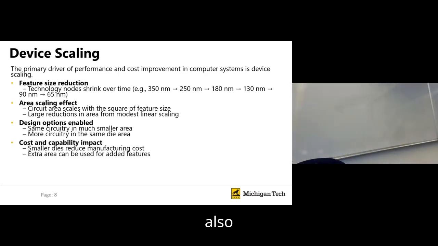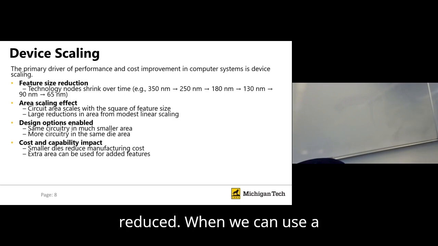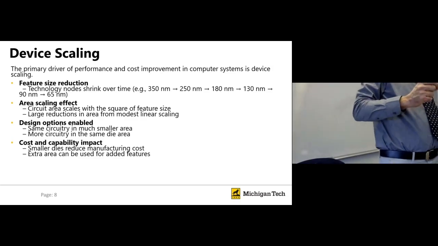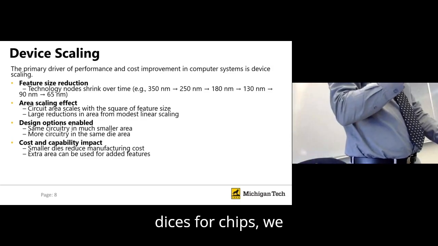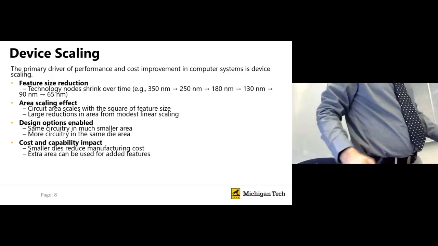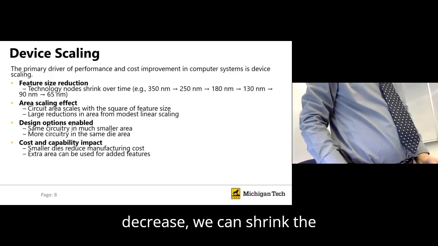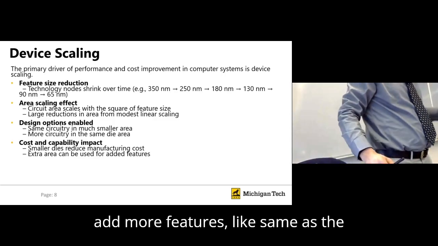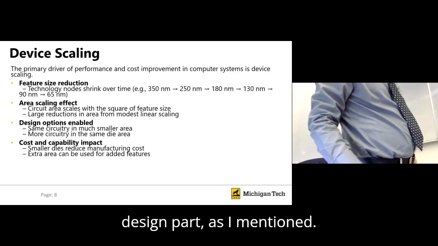Cost is reduced when we can use smaller dies for chips. We can shrink the cost, and we also can add more features, same as the design part that I mentioned.